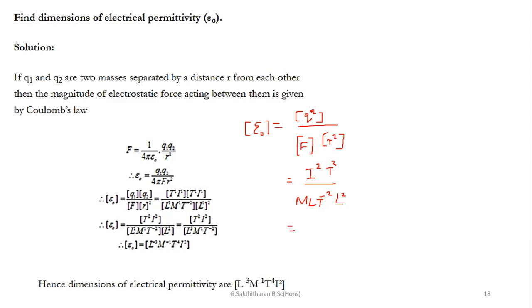So finally we can simplify this one: M^-1 L^-3 I^2 T^4. So this is the dimensions of epsilon naught.